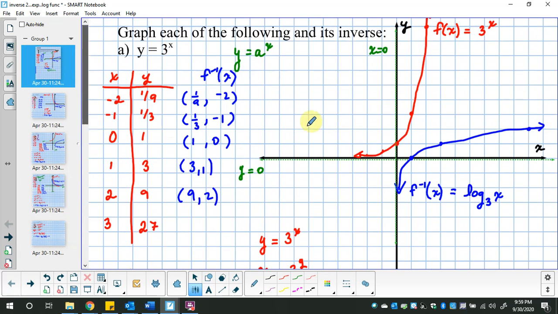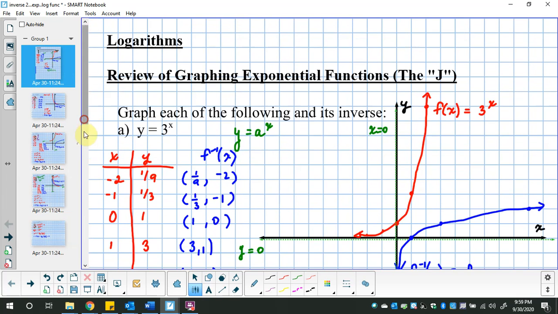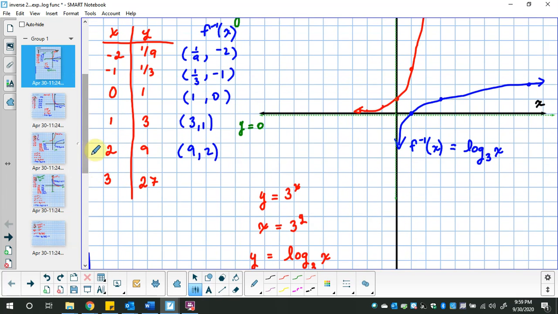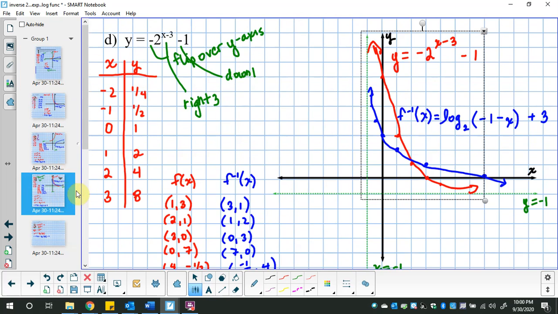Back it up just a little bit to the very beginning, so I guess that's not just a little bit. I want you to know that every single basic log graph before you start moving it around looks like this. So you need to know that every single log graph never hits 0 on the x, and it never goes into the negative. It does when you start transforming it, when you start putting negatives in and start moving things sideways or up and down, then it changes things entirely.